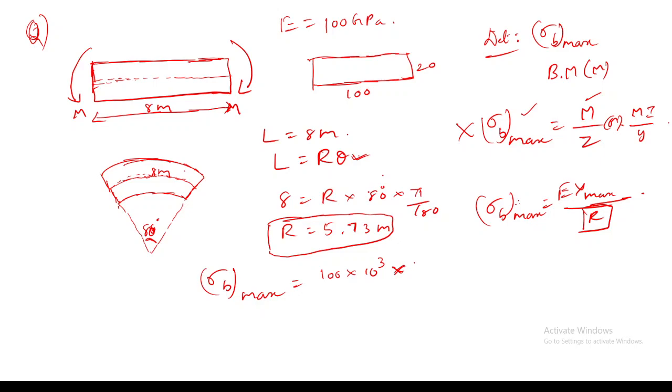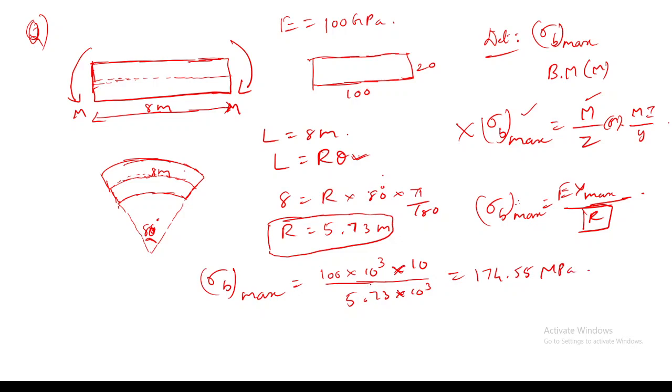What will be the Y max value here? 10. Divided by 5.73 into 10 to the power of 3, because R is in meters. So what is the value of bending stress you are getting? 174.55 megapascal.